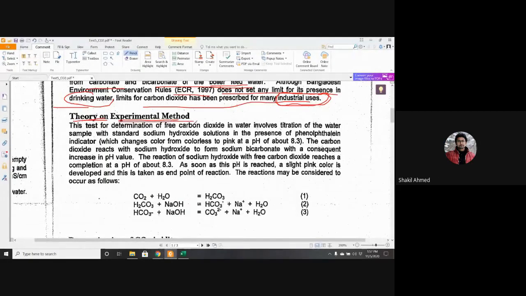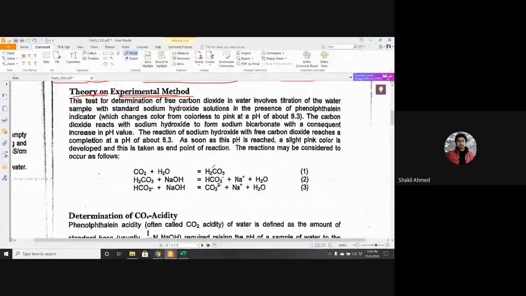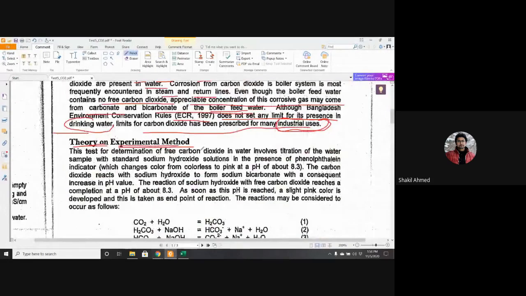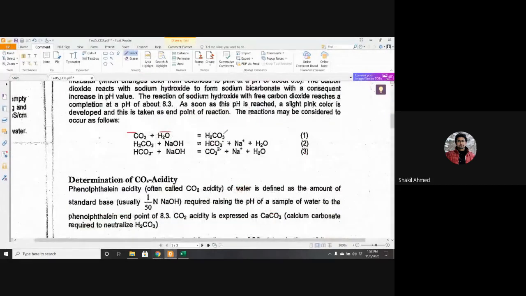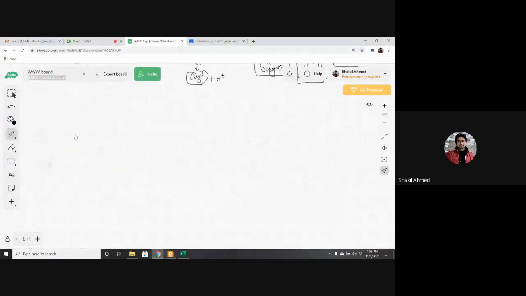So theory and experimental method. What is our objective here? Our objective is to determine the carbon dioxide. And what is carbon dioxide? This is basically an acid, right? Carbon dioxide reacts with H2O, as I told you, and produces carbonic acid. Carbon dioxide plus H2O gives carbonic acid.